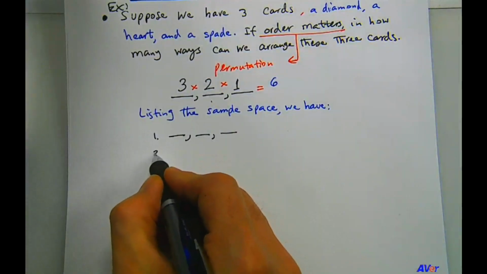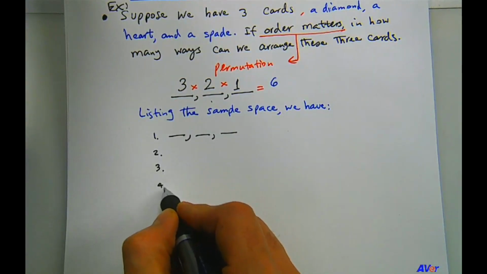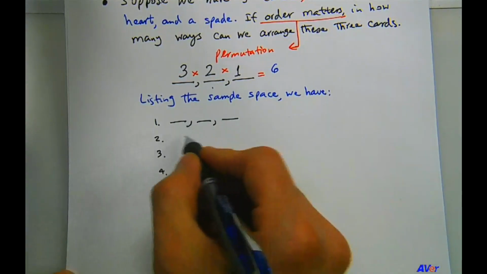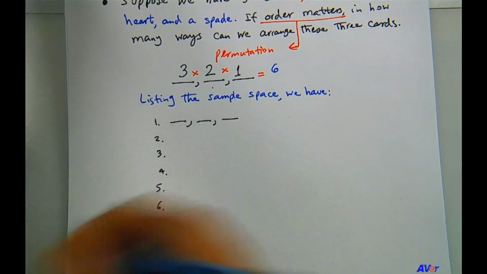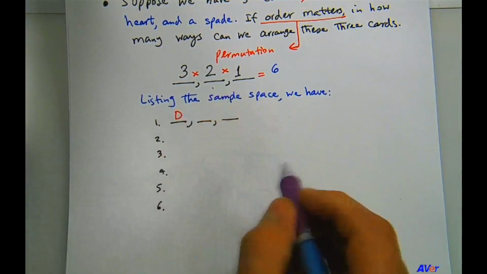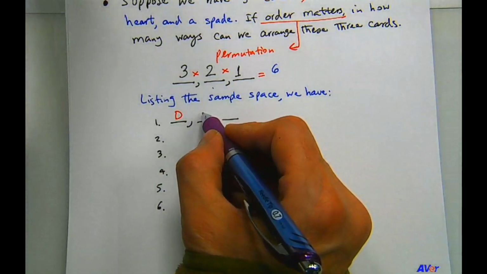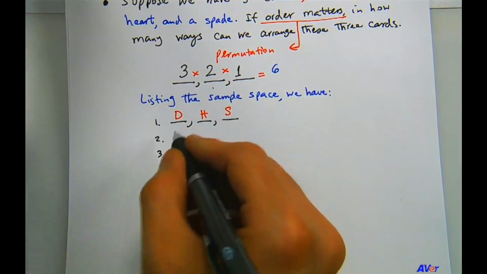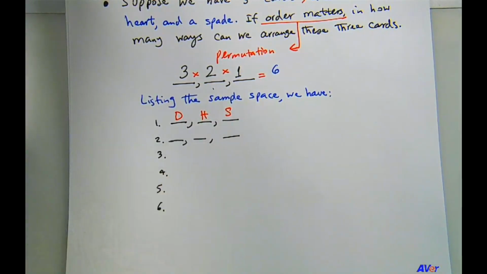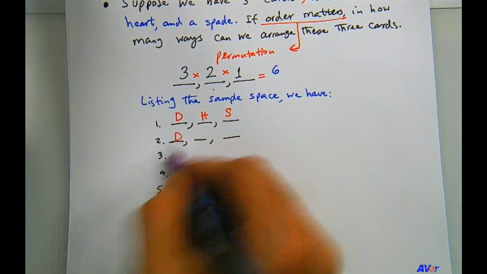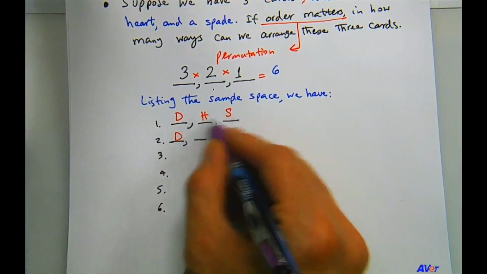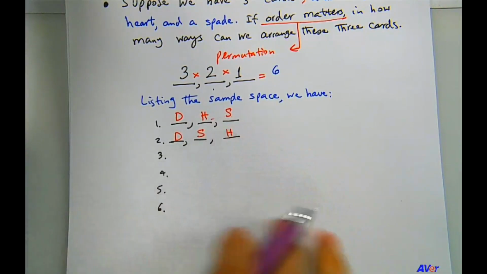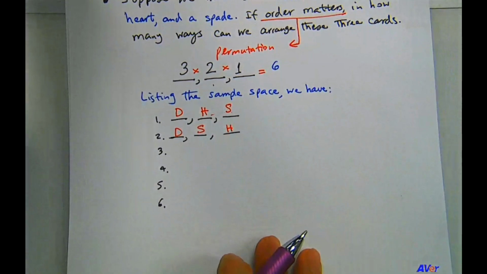So let me call this number 1, number 2, 3, 4, 5, and 6. One way would be to pick the diamond card here, and to pick the heart card here, and to pick spade here. That's one possible way. Another possible way would be if we kept the diamond card here, but swapped the spot between the spade and the heart. So if we did that, that would be a second permutation.